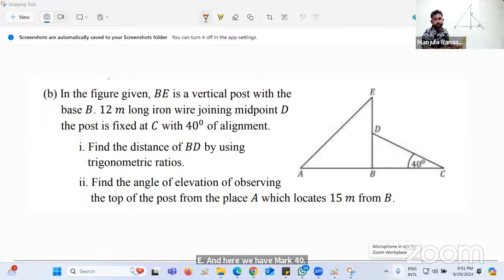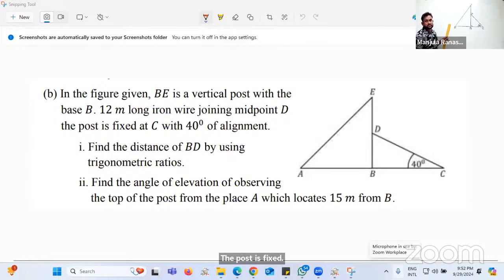In the figure given, BE is a vertical post with the base B, and a 12-meter long iron wire joins midpoint D. The post is fixed at C with 40 degree alignment.